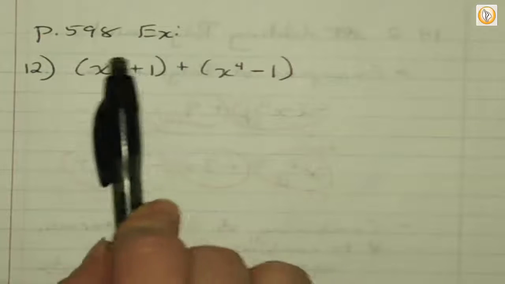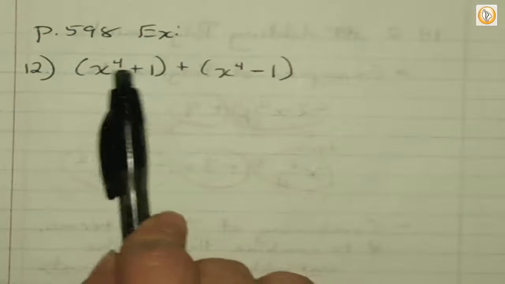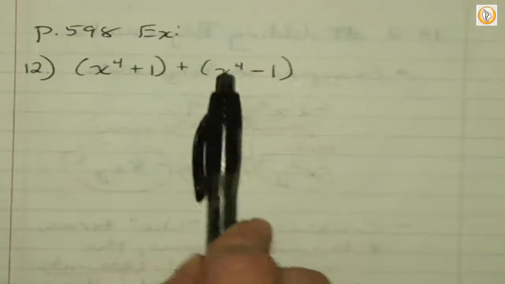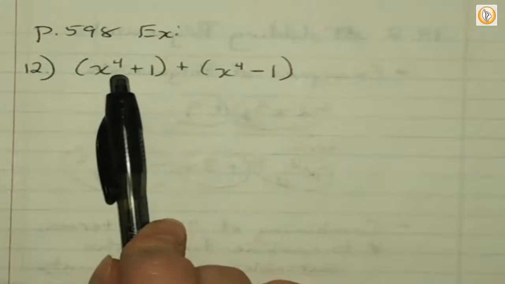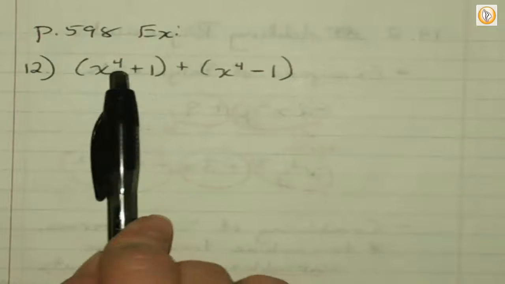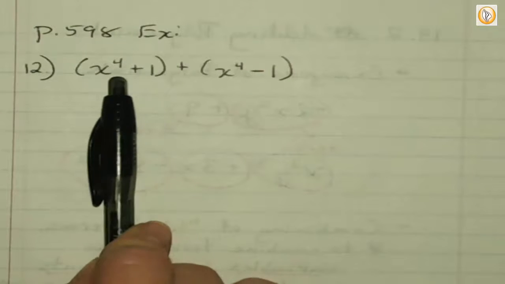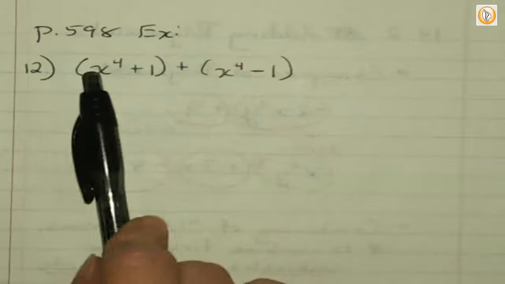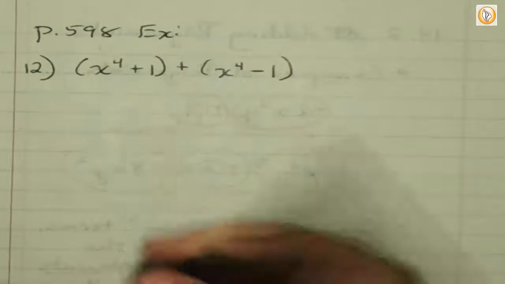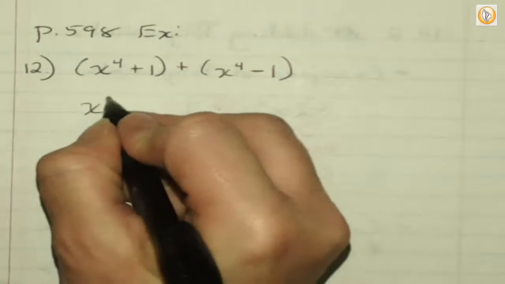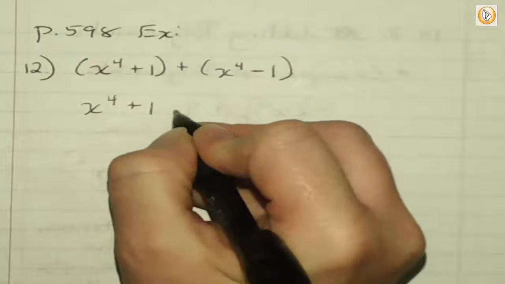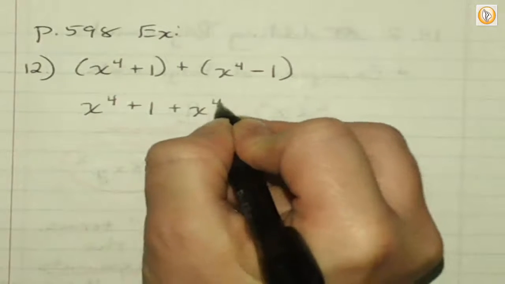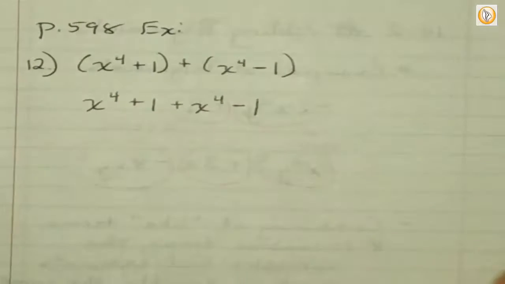Yeah. I can? Actually, no, you can't. How about in this one? No. Okay, you're correct. You cannot combine anything in here because that one doesn't have an x and a 4, so nothing can be combined. So, since we're adding these two, we're going to remove the parentheses and rewrite my polynomial.